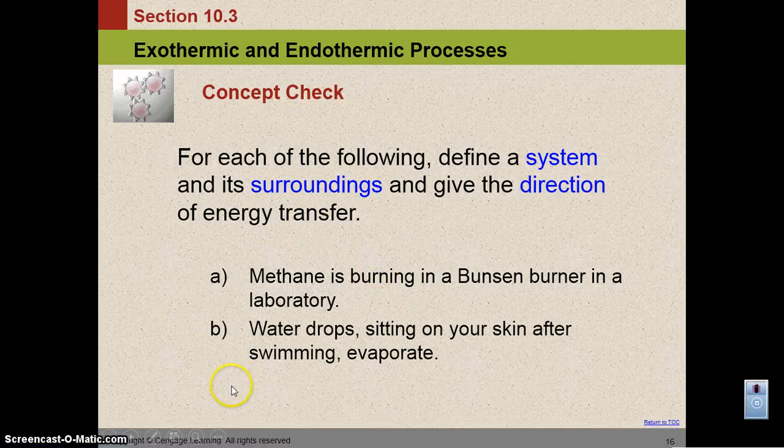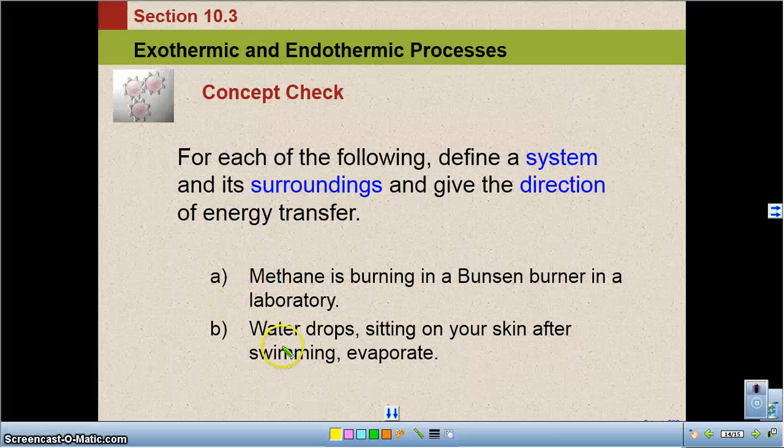Let's look at the next example. Water drops sitting on your skin after swimming, and they evaporate. Is this endothermic or exothermic? Let's identify the system first. In this case, the system is going to be the water drops that are sitting on your hand. Everything else is considered the surroundings. So is it endothermic or exothermic?